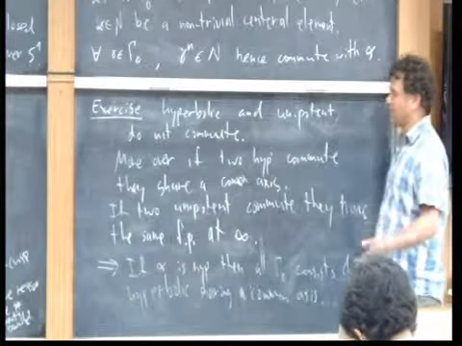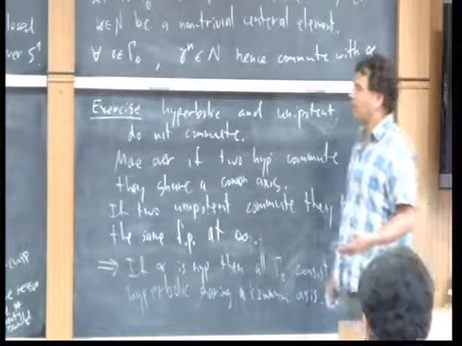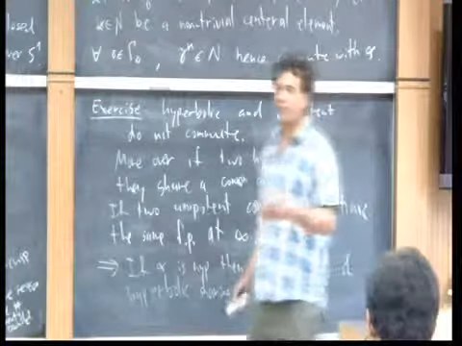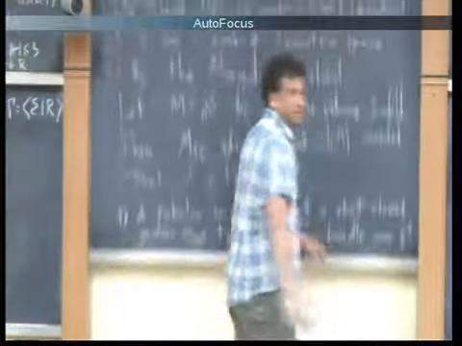So we have a discrete group of translations of the same axis. Take the element with minimal translation.